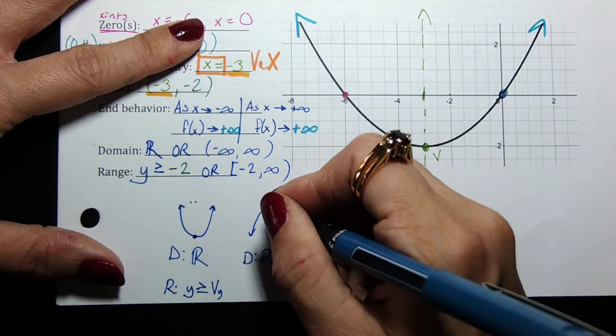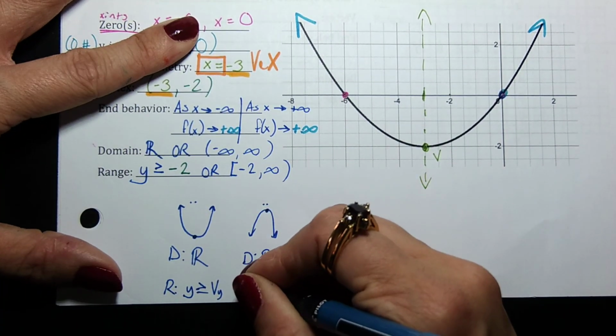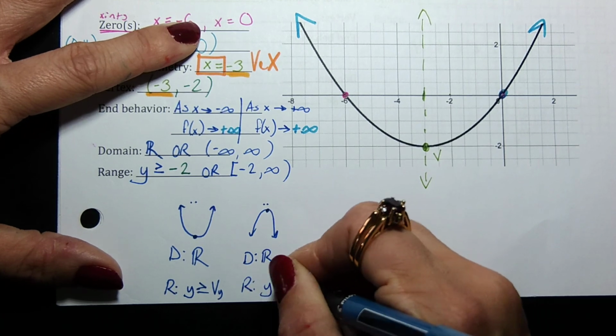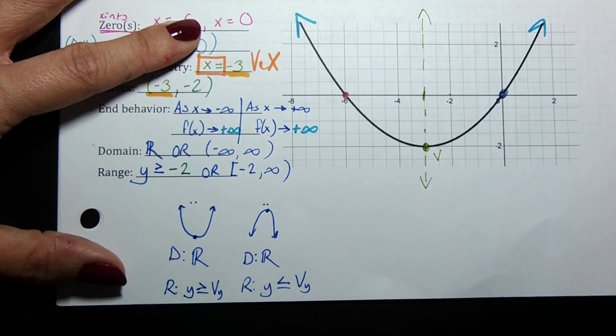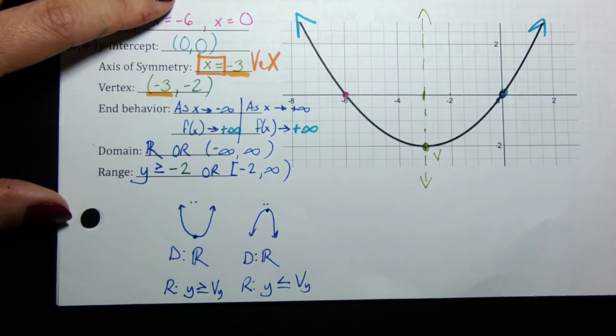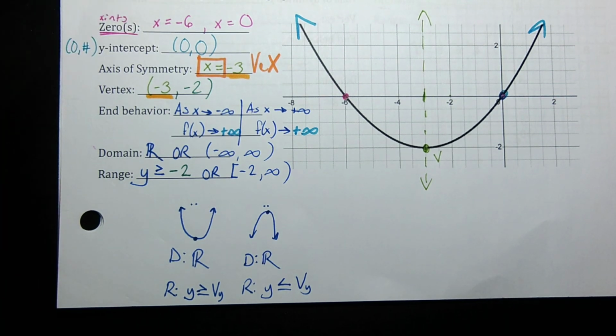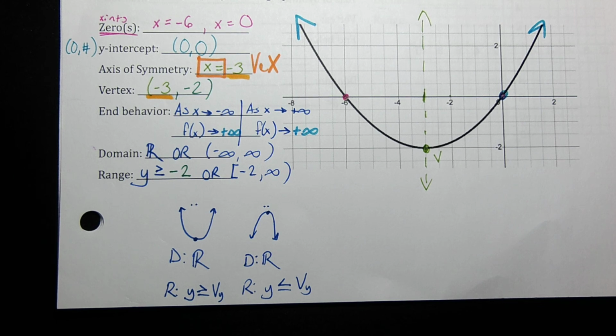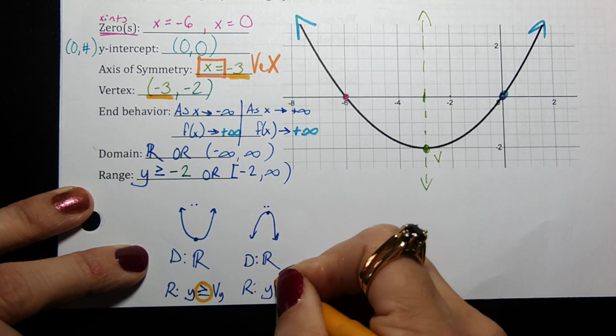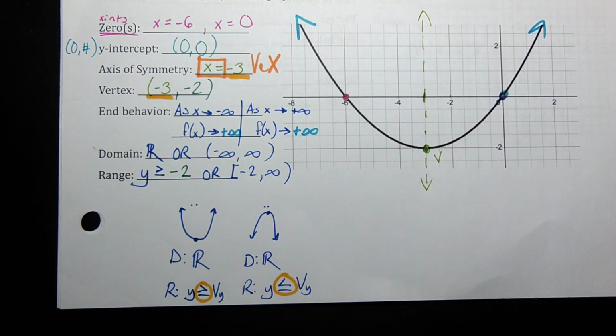Whereas if we have a sad graph, our range will be y less than or equal to the y value of the vertex. So domain is always all real numbers, but if it's going up, y greater than or equal to, and if it's going down, y less than or equal to. So just be aware of the difference in inequalities between the two graphs.